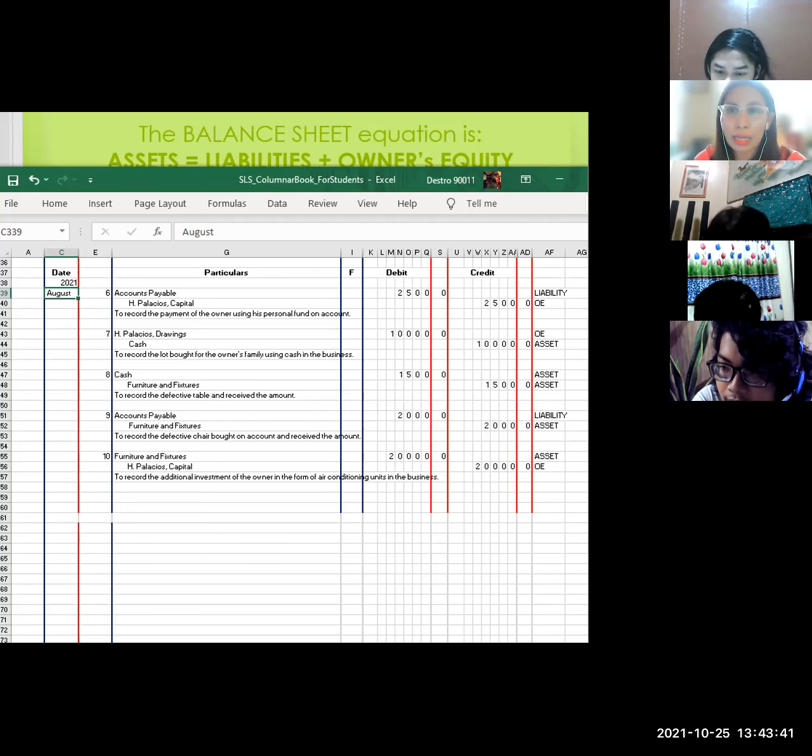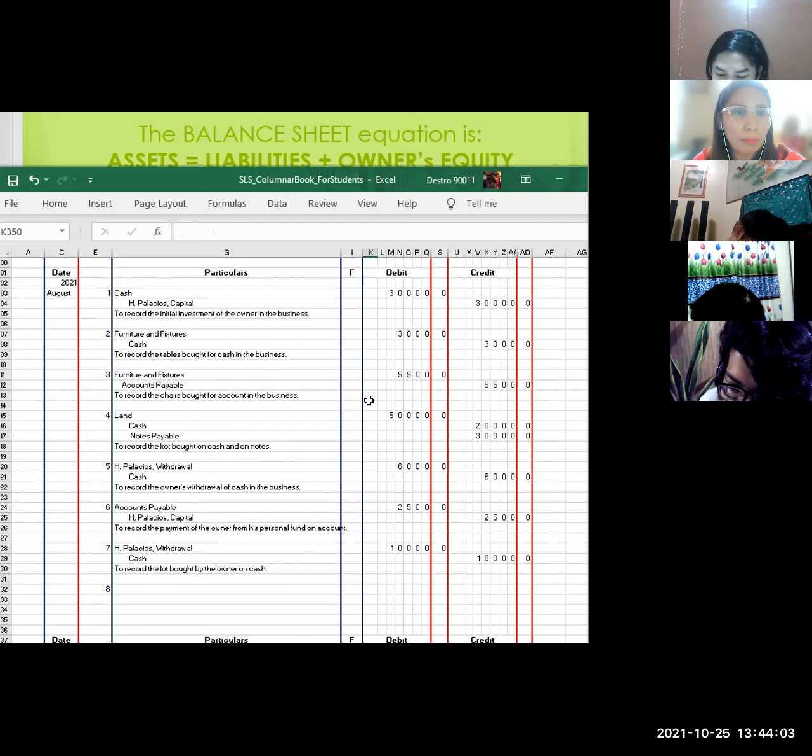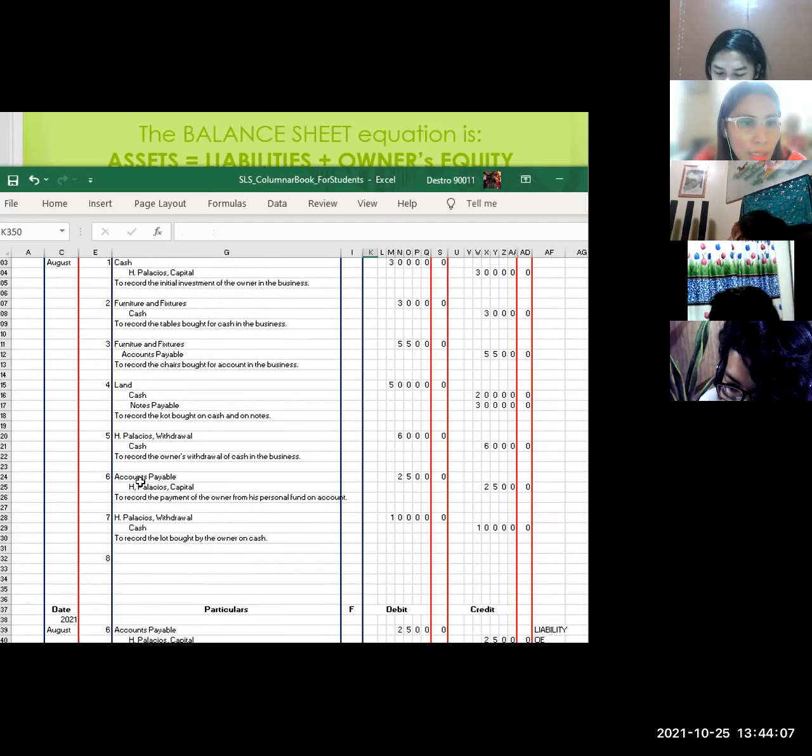The next accounting step is to provide the general ledger account. Let's sort each transaction now. Let me erase this.